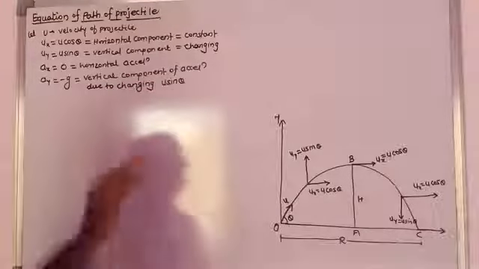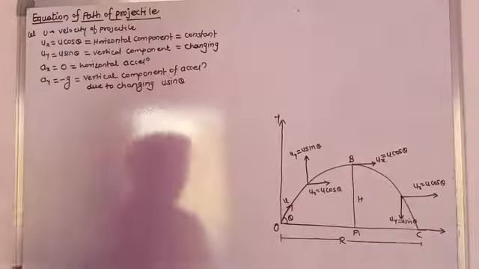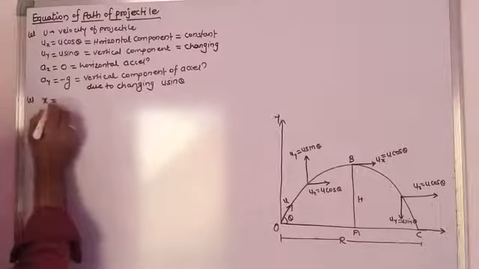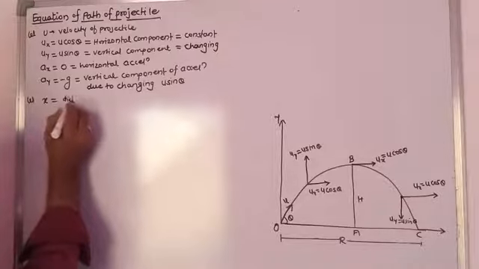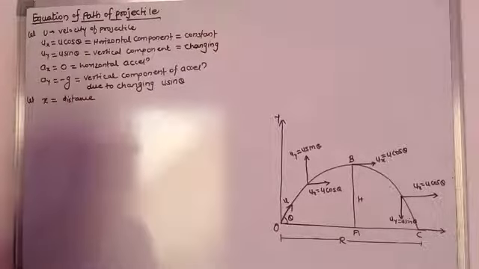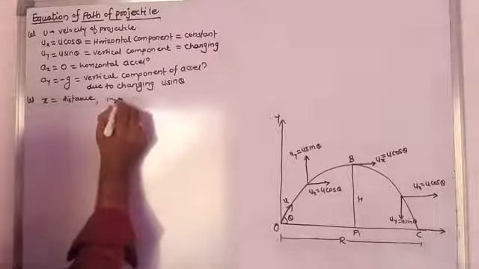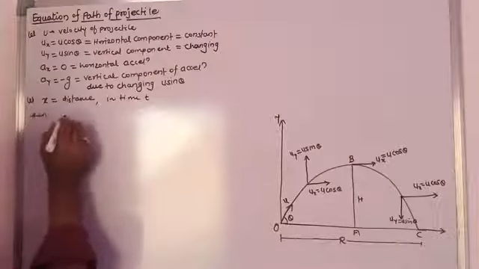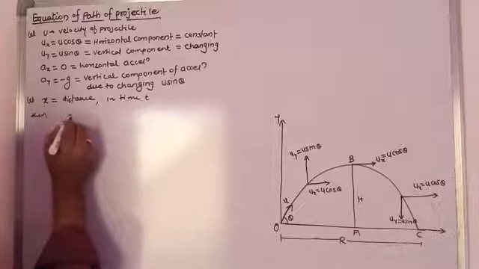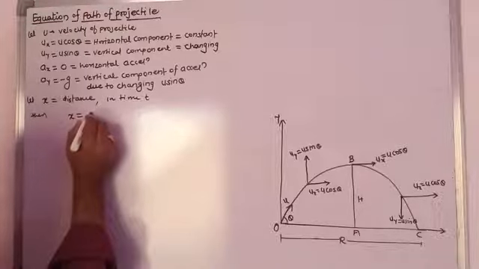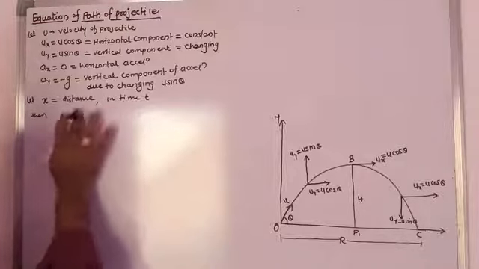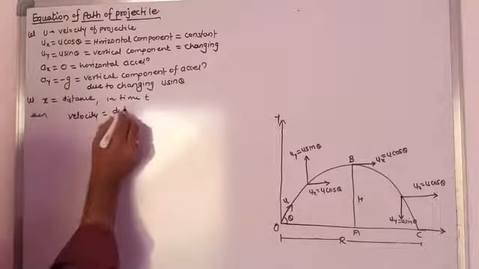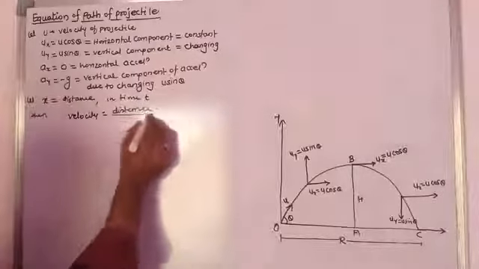Now here we have to derive the equation of projectile. So let x be the horizontal distance traveled by the projectile in time t, then using velocity is equal to distance upon time.